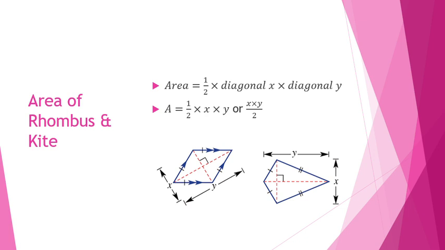If you look at the picture here, that dotted red section, whatever that length is, is diagonal x. And the other dotted red line, right here, is diagonal y.